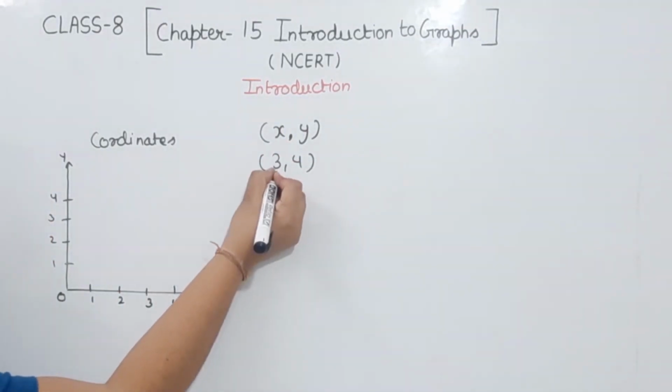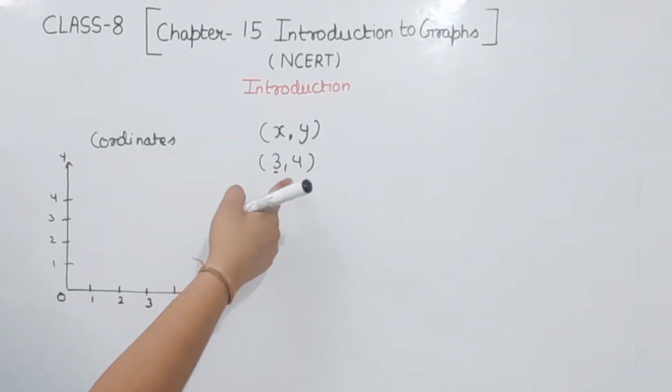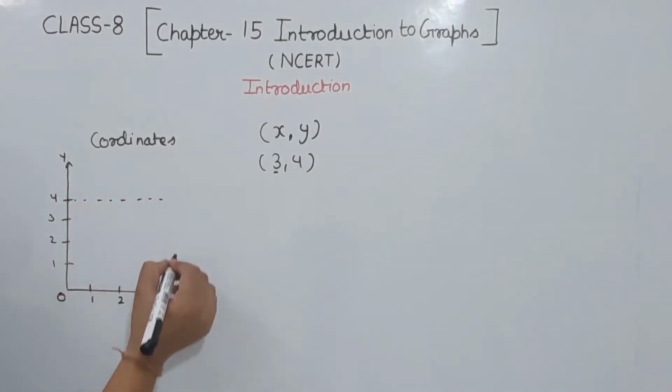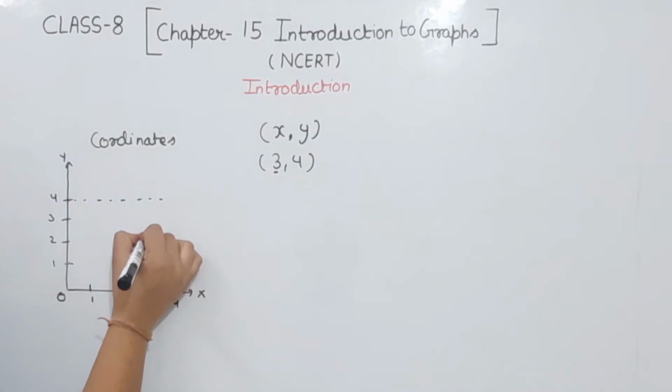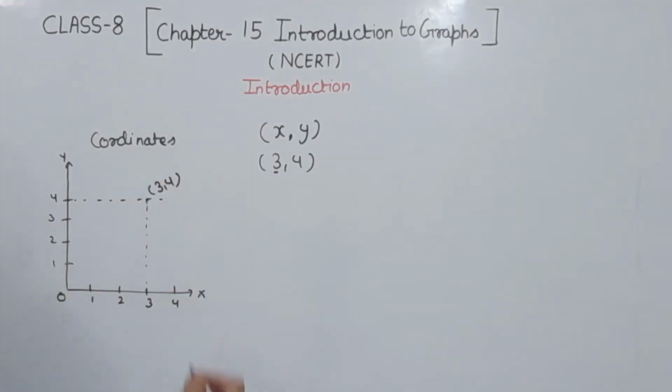This is representing x, so we find 3 on the x-axis, and y is 4. Now we go straight here and then straight here. So this is the point, and the coordinate we have is 3 and 4.